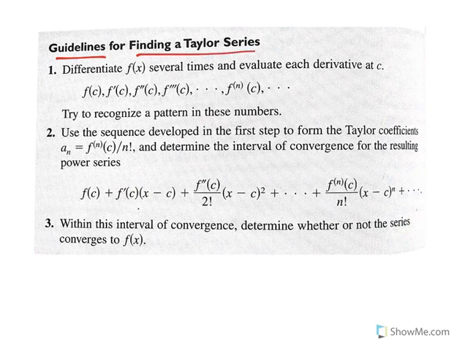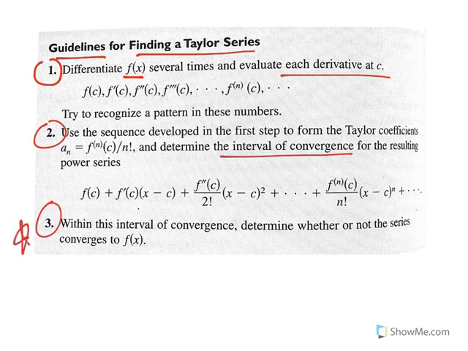So as a summary, these are the guidelines for finding a Taylor series. 1 is objective 1. Basically, you want to find the Taylor series for a particular function by using the definition of Taylor series. Differentiate the function several times and evaluate the function and each of its derivatives at c so you can form the Taylor series using the definition. You want to then determine the interval of convergence for the resulting power series, and we looked at that today using Theorem 9.23 to help us.